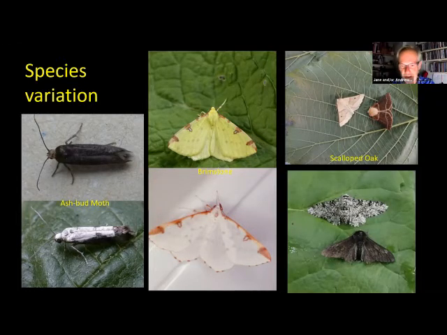And then this is the moth beloved of biology textbooks and evolutionists, the peppered moth, which exists in the typical form at the top, which is most of what you see now with the black and white pepper markings.